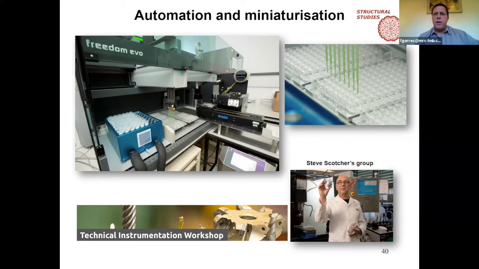So all the screens are available anytime. This slide was an opportunity to thank Steve Scotcher and his group at the workshop, who regularly make spare parts for us or customize our equipment.